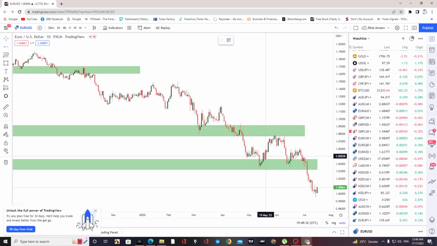For example, market gives closing at this point, so we will execute our trade at this point, and we will put our SL at the end of the demand zone, and we will place our take profit according to our supply zone.